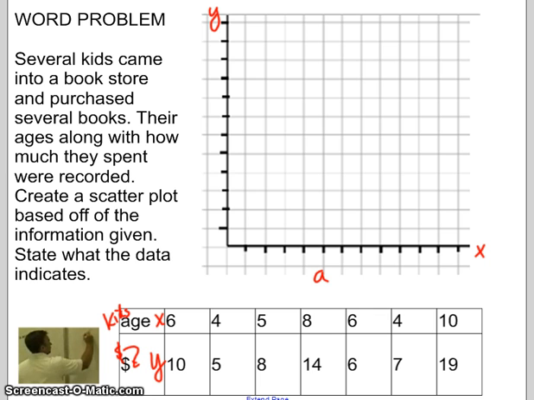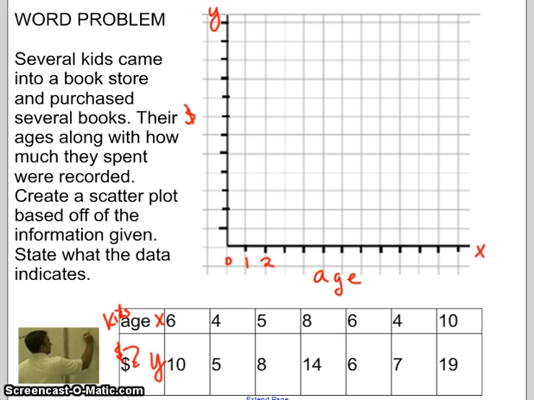So age, and then money over here. When you do a scatter plot, you could go by how many units you want, as long as it's pretty even throughout. For my x, I'm just going to use units of 1.